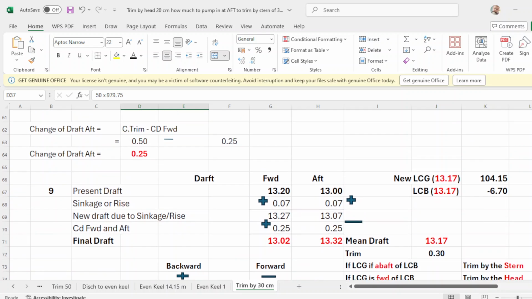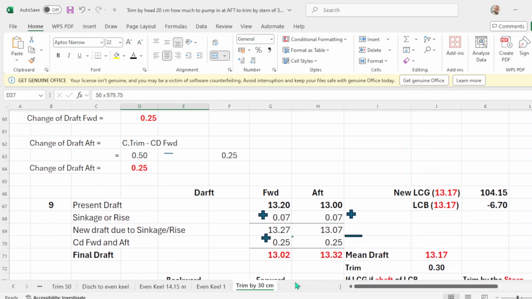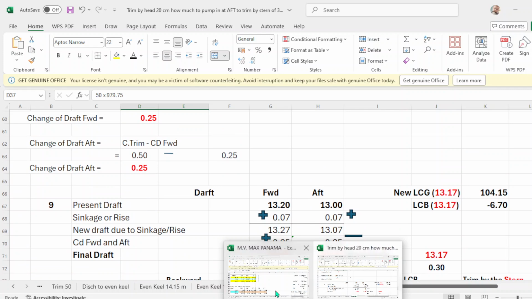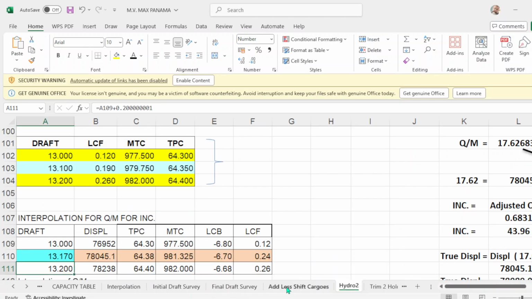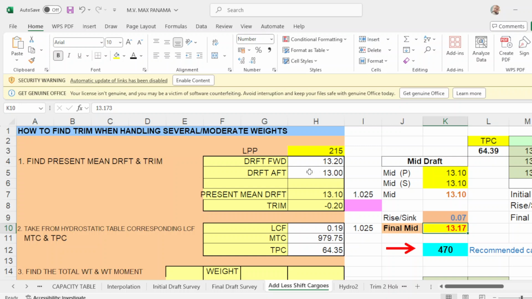And here you apply it, and to show you in the program, this is your initial forward drop, and your mean drop will be 13.10.